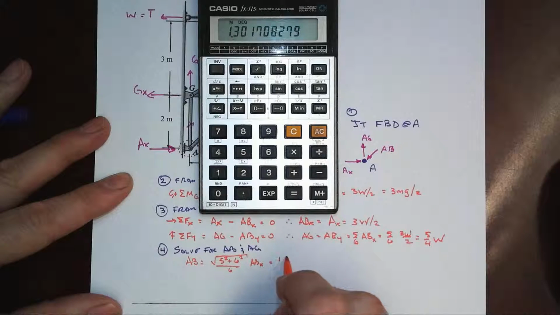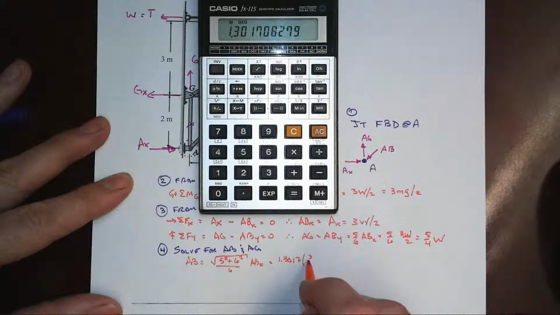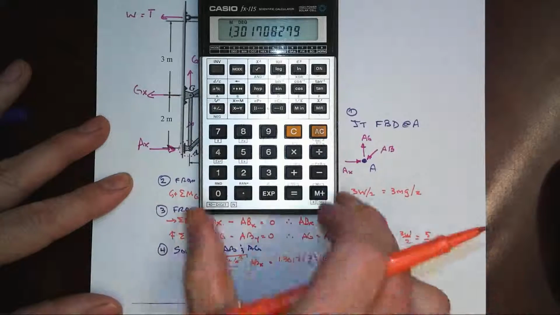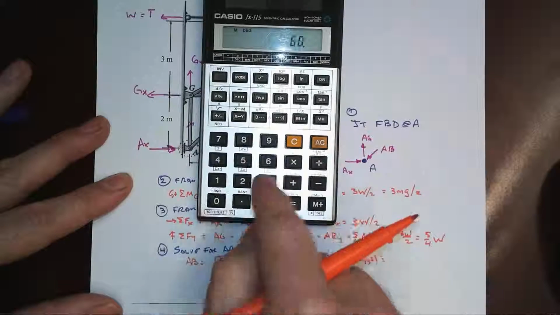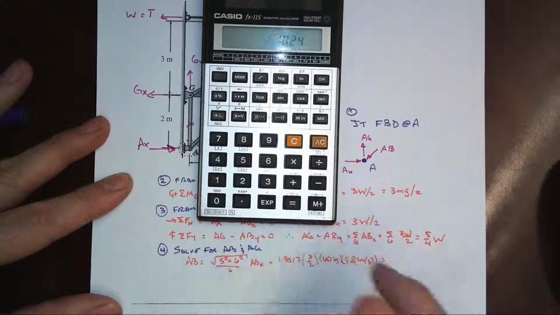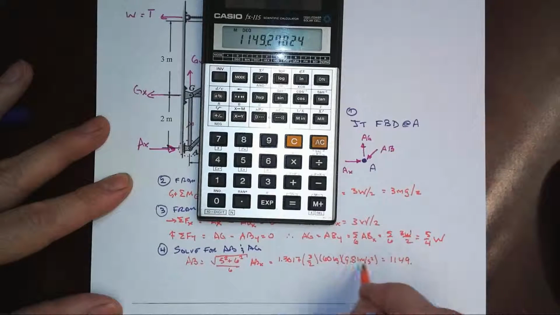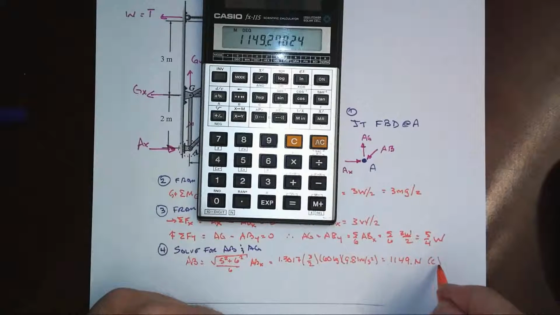So 1.3017 times ABX, which is equal to 3/2 of W, which is 60 kilograms times 9.81 meters per second squared, and we get 1149 newtons, and that's going to be in compression.